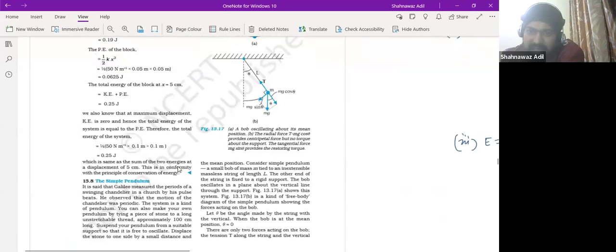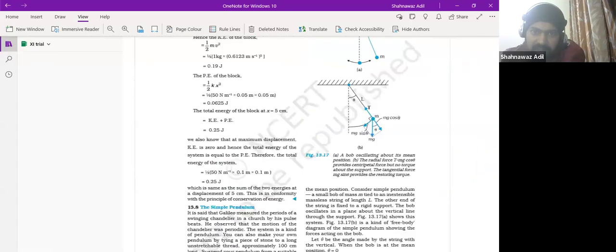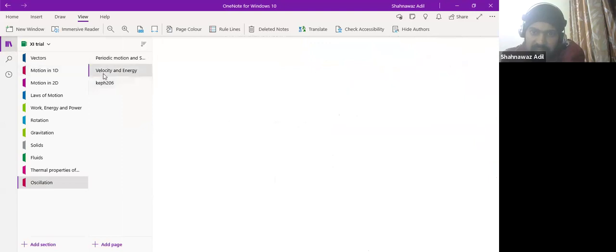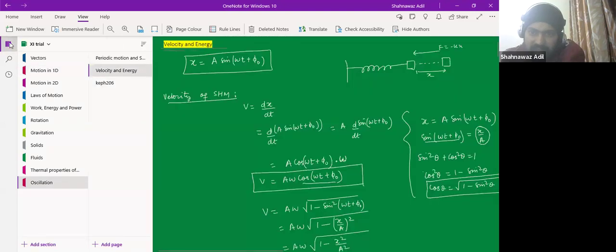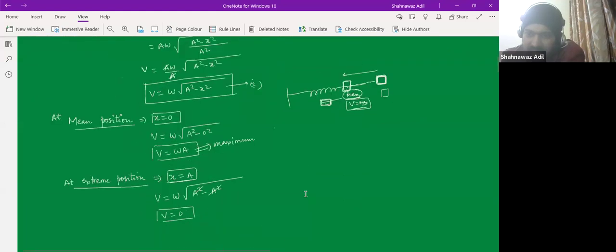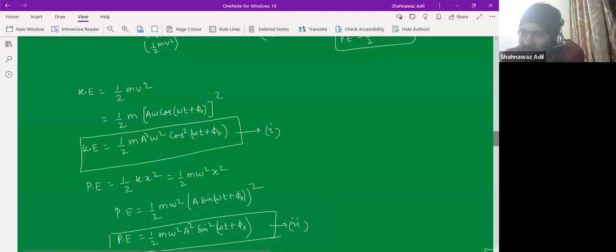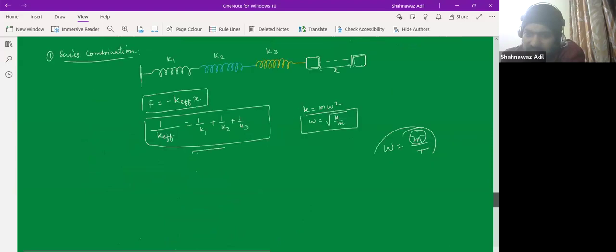Okay, so in the last class, we understood about this simple pendulum motion, right? And I stopped at this point.